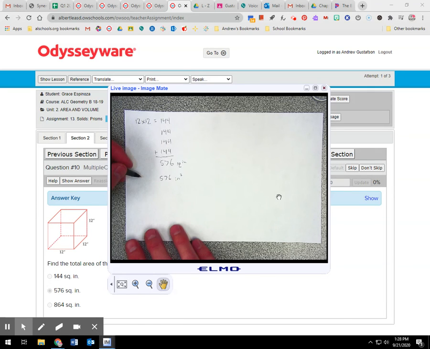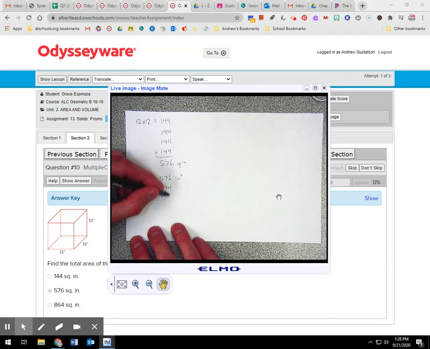So this is the 4 outside. This is the lateral area, 4 squares around the outside. If we add the top, which happens to be 12 by 12 again for this one, because it's a cube, and the bottom, we're going to get 864 square inches.